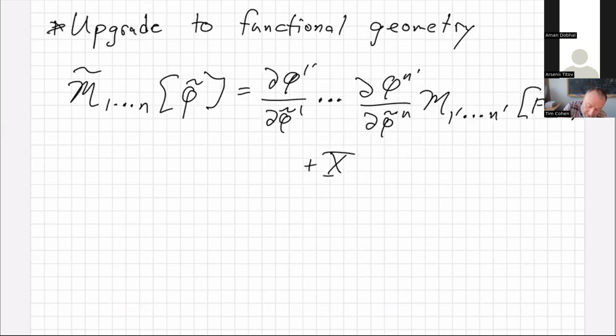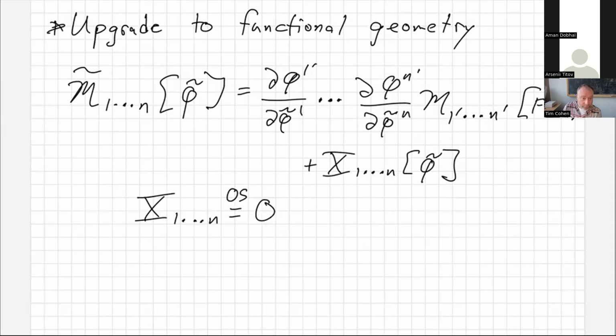So I really think this is an answer to the question, what is functional geometry? Not claiming it's the unique answer.